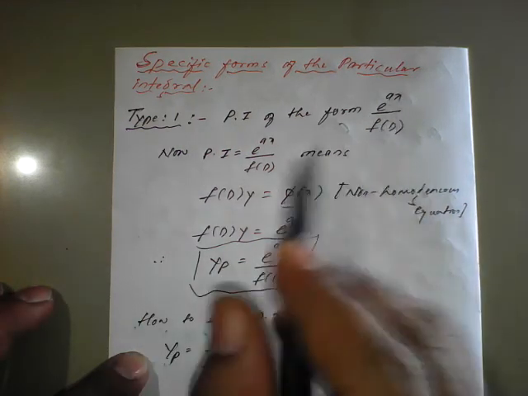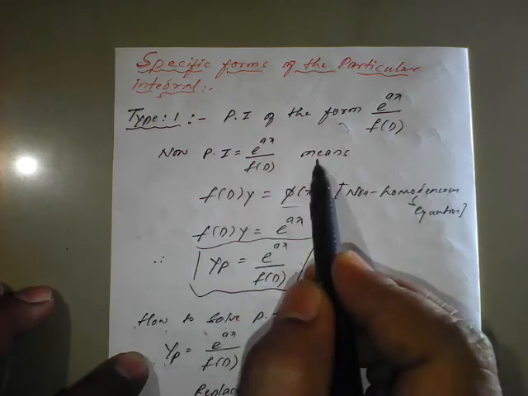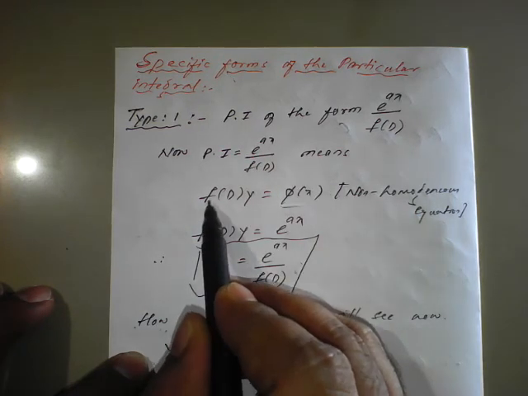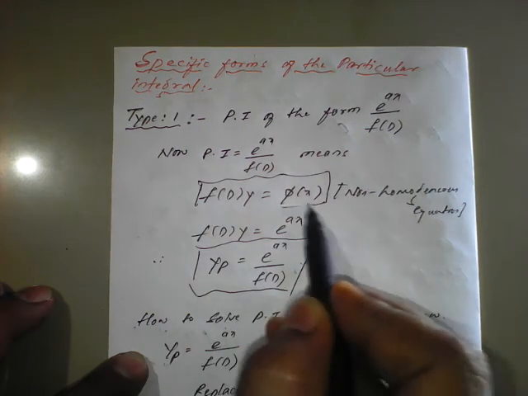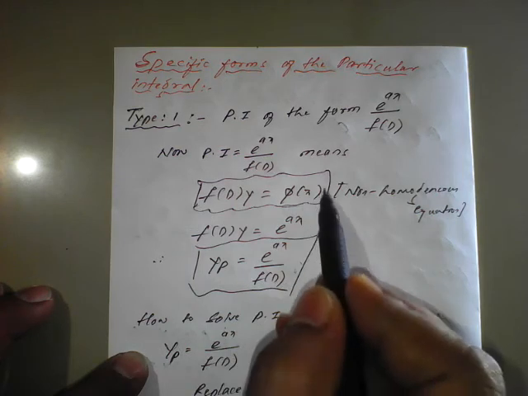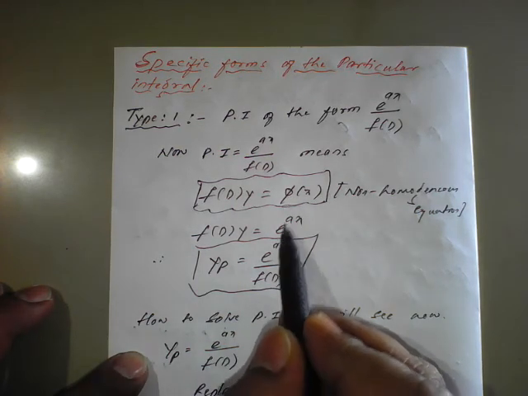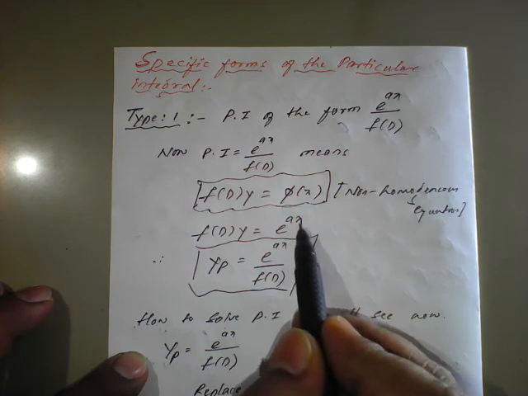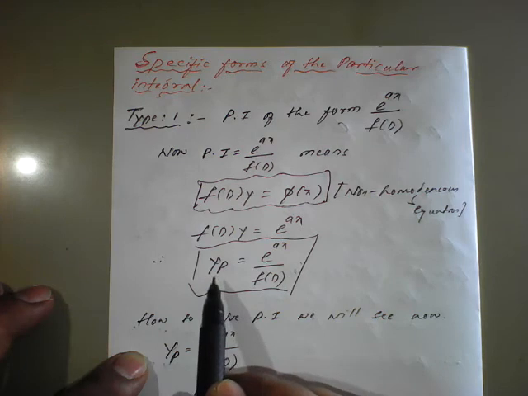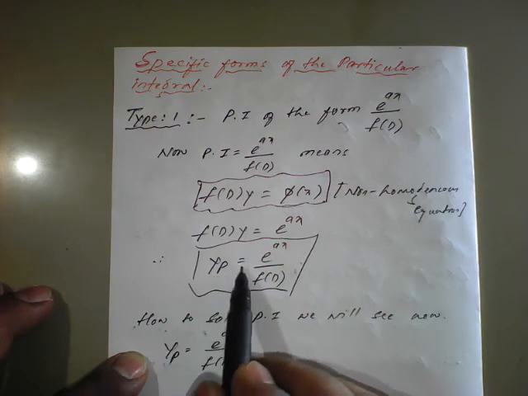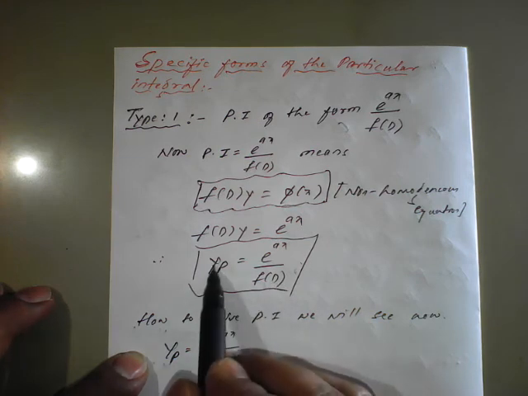For this, PI is written as e raised to ax upon f of D. You will get a question like f of D of y equal to phi of x, where phi of x may be of the form e raised to ax. At that time the particular integral is written as yp equal to e raised to ax upon f of D.